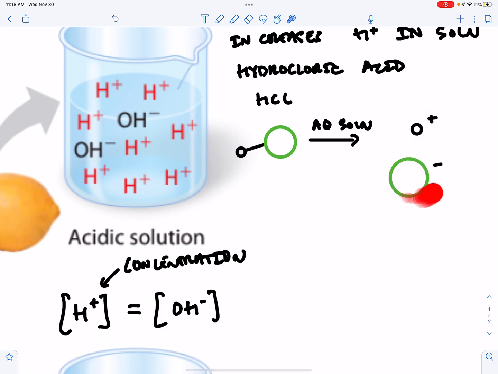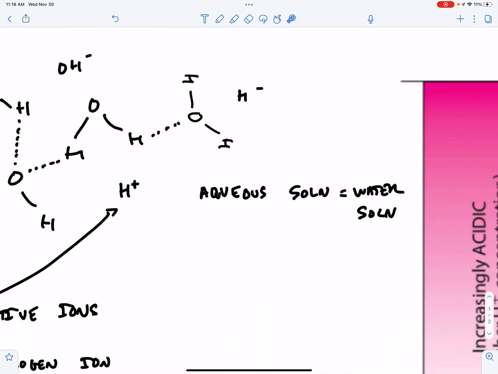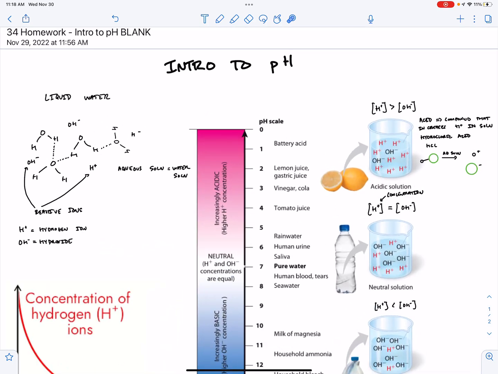This chloride is really happy in the water solution, as you know, because it can be stabilized by the positive side of the hydrogens in any water molecule.